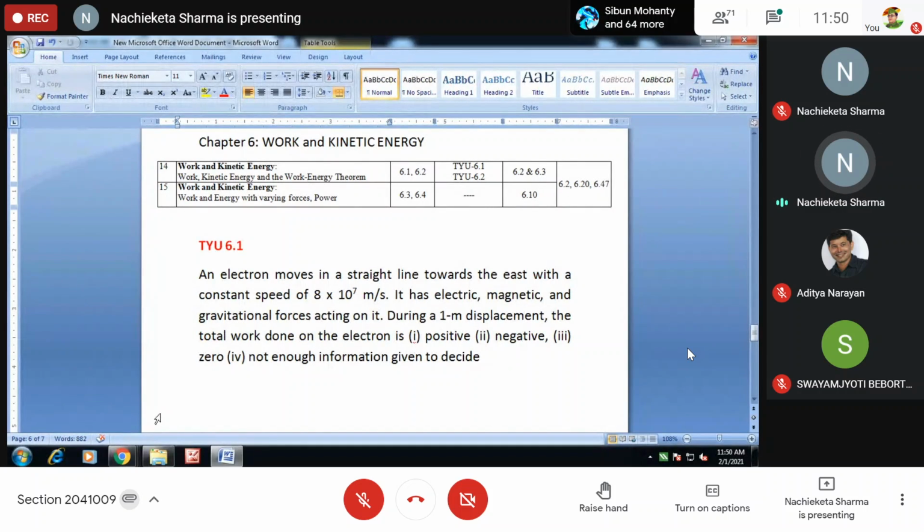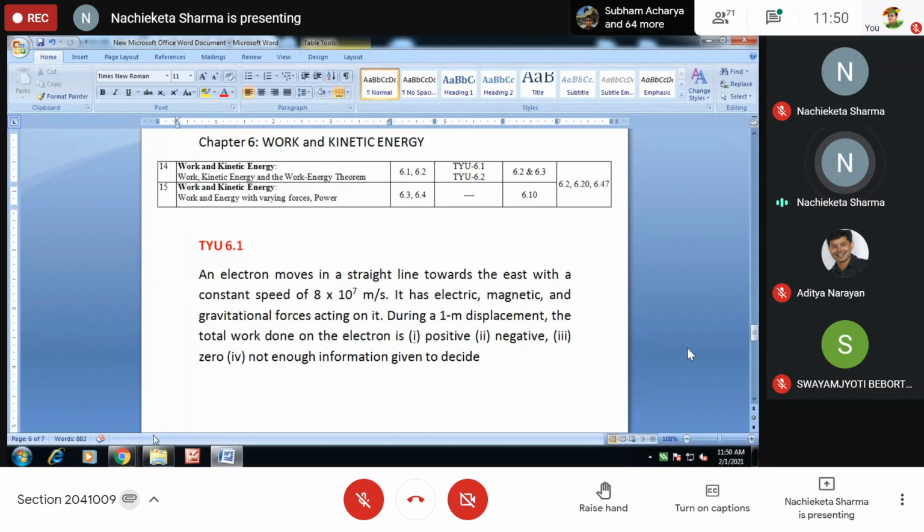Though the electric, magnetic, and gravitational forces are acting, the net force acting on the electron is 0. So net force into S cos theta is equal to 0, because the sum of all forces is 0. That's why no work is done. Good, that is right. So this is test your understanding 6.1.